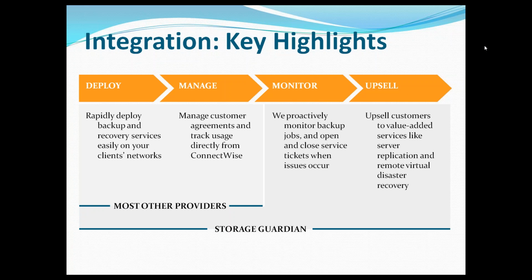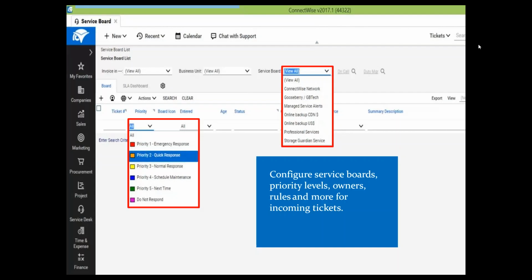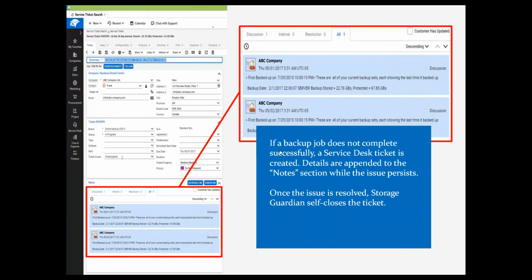However, now what we want to do is make this as efficient as possible. So when you're in there configuring all these different service boards, you can also take advantage of our auto close feature. What I mean by that is a lot of times there might be a job that doesn't complete successfully. It could be for a number of reasons, a simple VSS problem, share problem, whatever it might be.